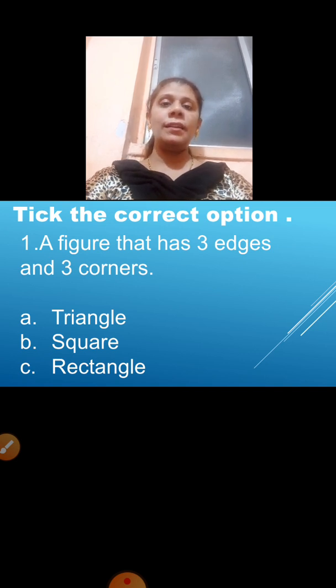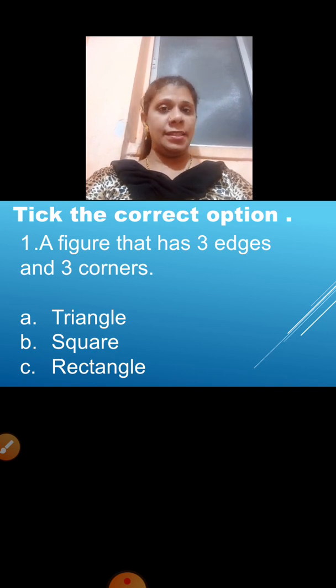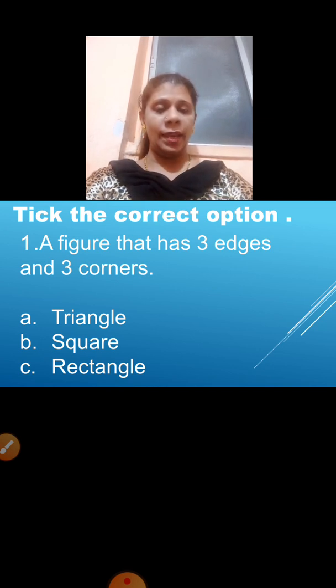What is our question? A figure that has 3 edges and 3 corners. So which is the figure that has 3 edges and 3 corners? Is it a triangle? Is it a square? Or is it a rectangle?